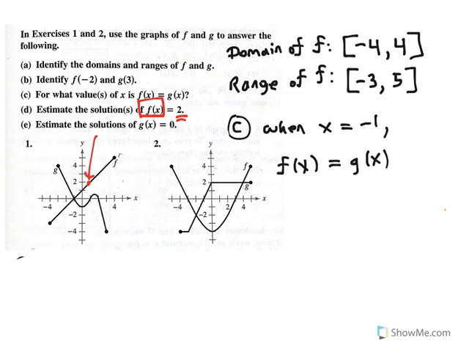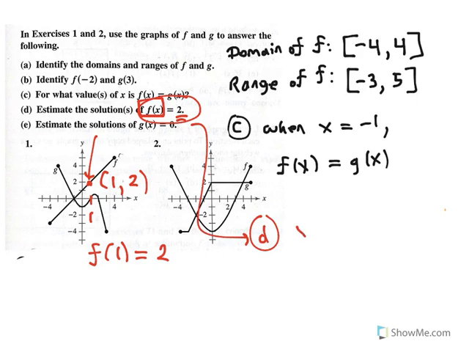You have this point on the graph of f where the input value is 1 for x and the output value is 2 for y. So f of 1 is equal to 2. So the solution of this equation would be x is equal to 1.